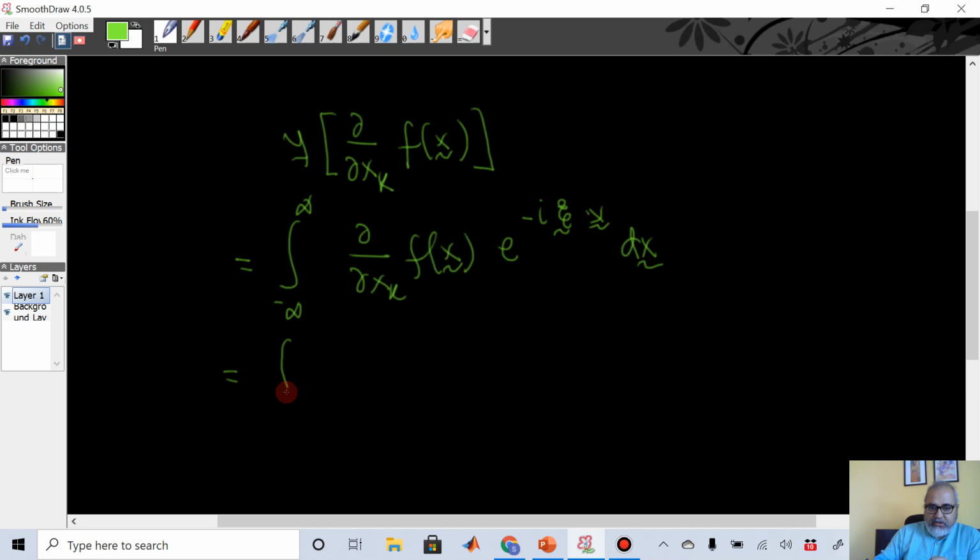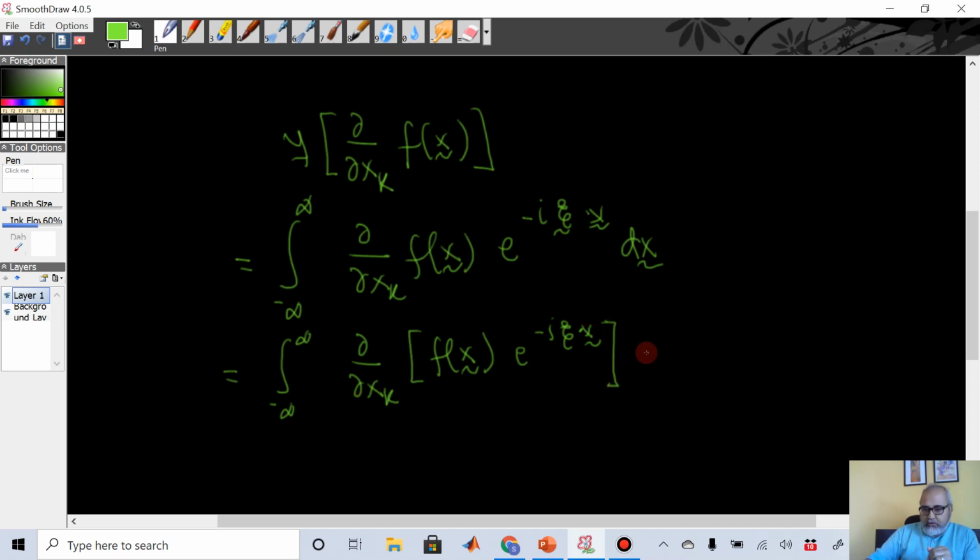So with the divergence theorem, this can be written as del xk of f(x) e to the power minus i zeta dot x, so this is the first term, and minus f(x) del xk of e to the power minus i zeta dot x, and the whole thing dx.